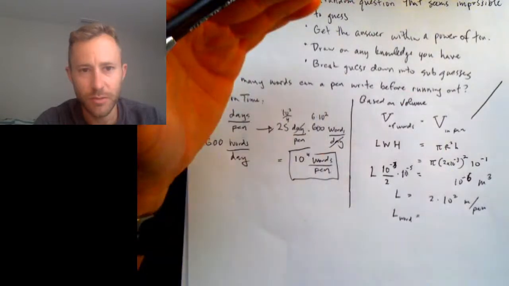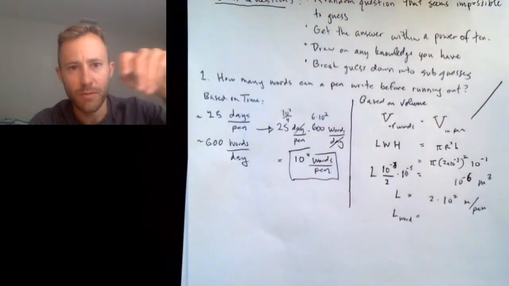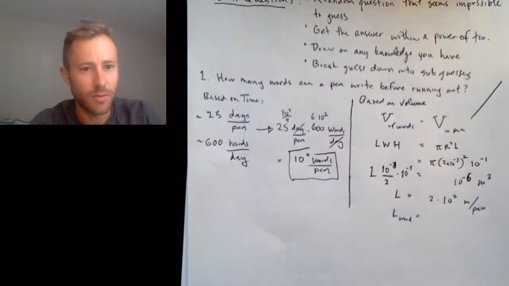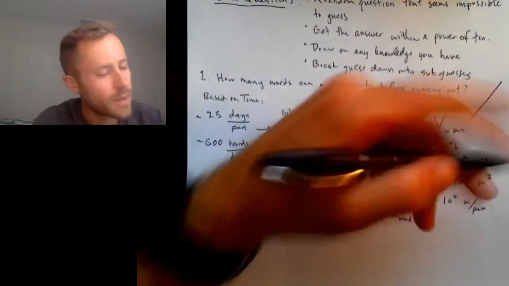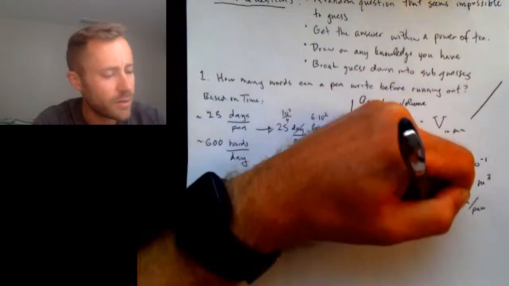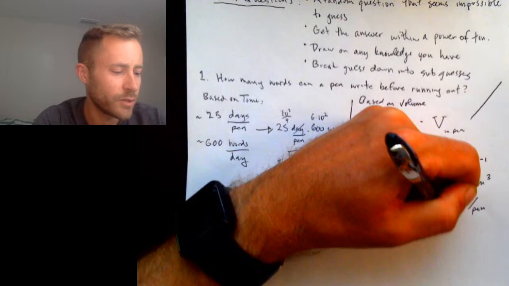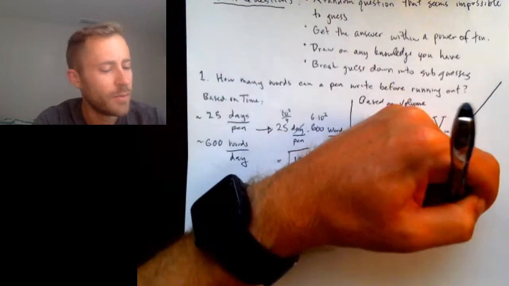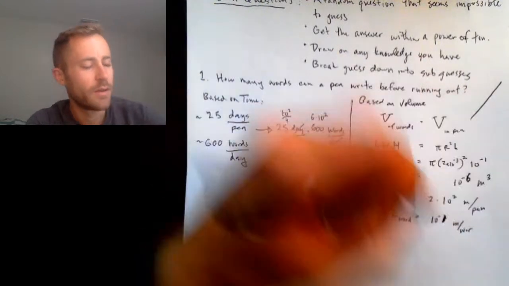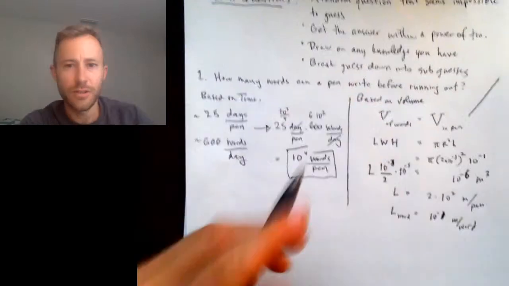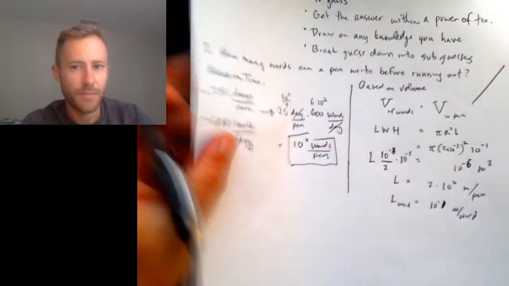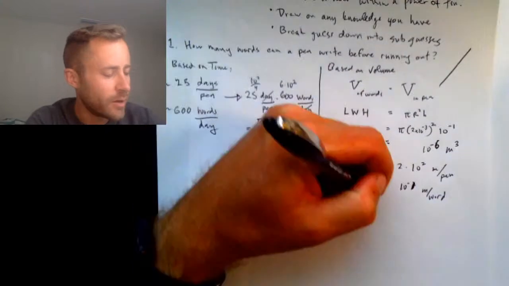Like the average word, the length of the pen stroke is roughly 10 centimeters. Okay, so that's 10 to the minus 1, excuse me, meters per word.